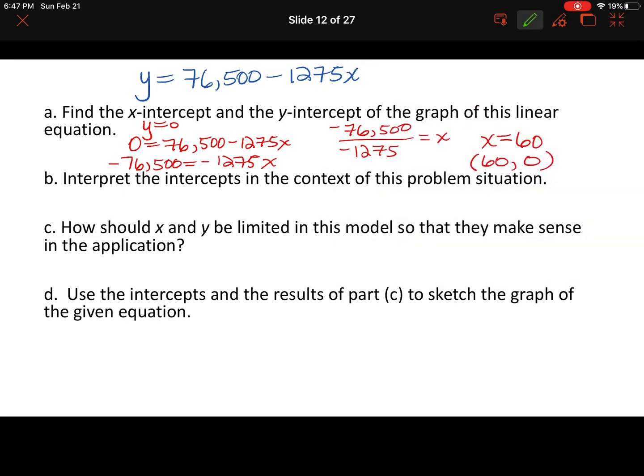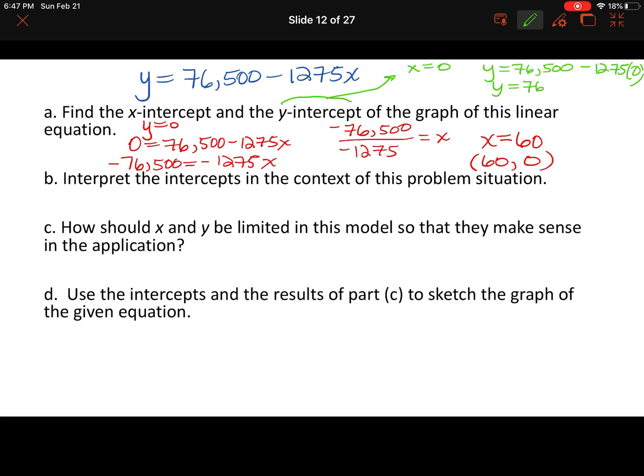Finding the y-intercept. To find the y-intercept, we let x equal 0. So we have y equal 76,500 minus 1275 times 0.